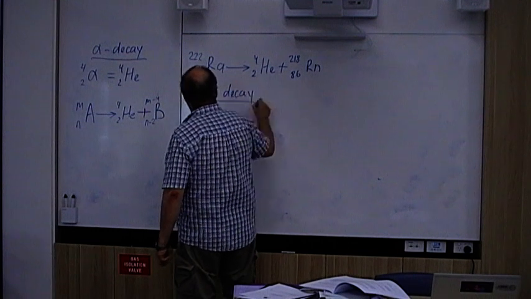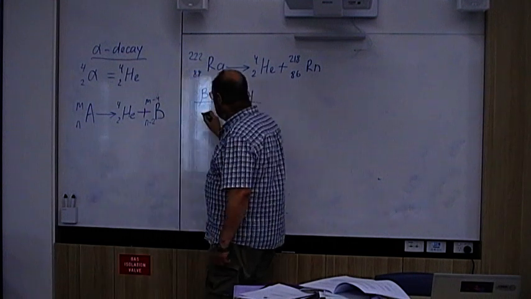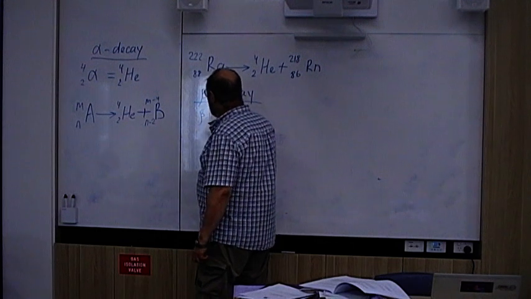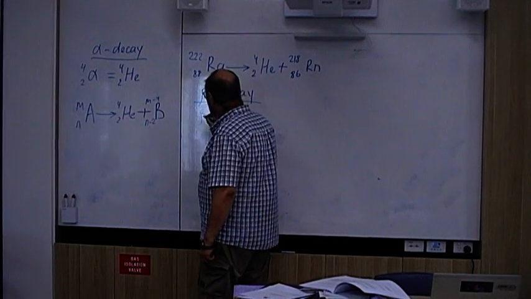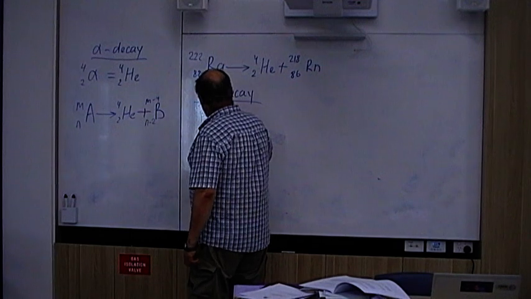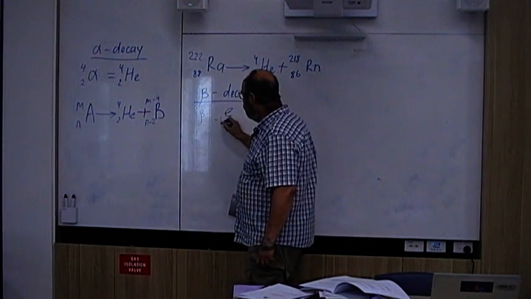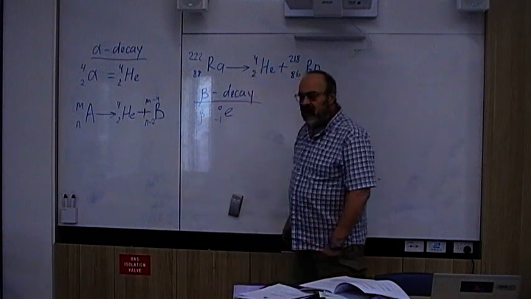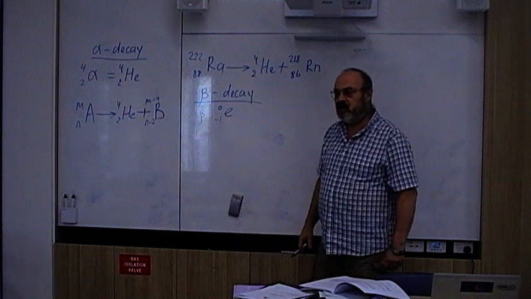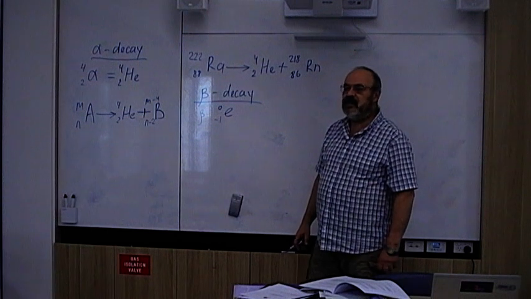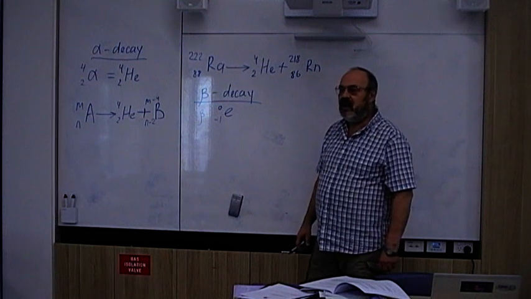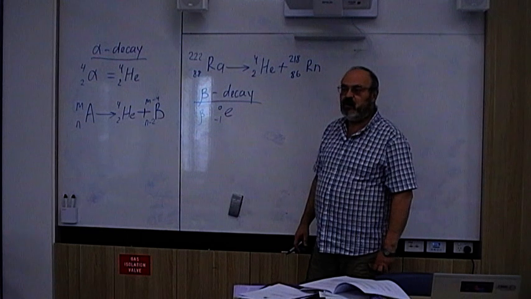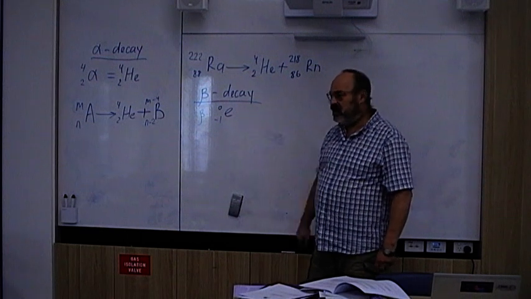That happens when an electron is ejected. Beta particle is another name for electron. The electron has charge minus 1 and mass we take as 0. It's not 0, it's 9.1 times 10 to the minus 31 kilograms, but it is about 2,000 times lighter than the proton and neutron, so we can consider it as 0.